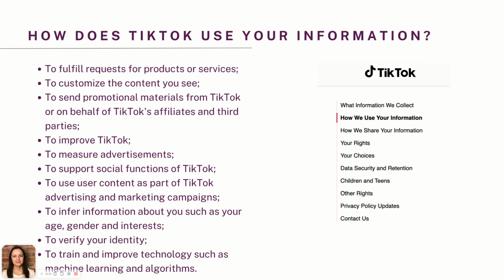To send promotional materials from TikTok, that part makes sense. But the second part, to send promotional materials on behalf of TikTok's affiliates and third parties, that's not really explained either. They don't say who those affiliates are or even provide the categories of those third parties with whom they share your information to send promotional materials to you. So that's interesting.